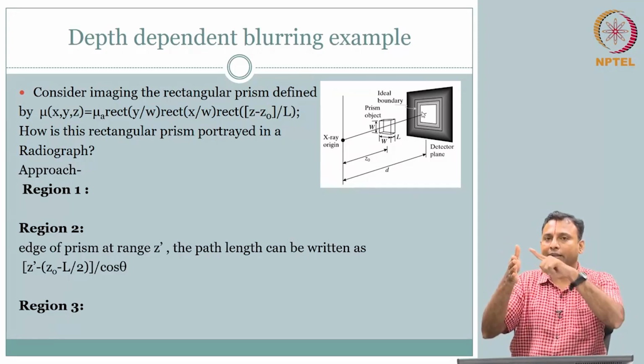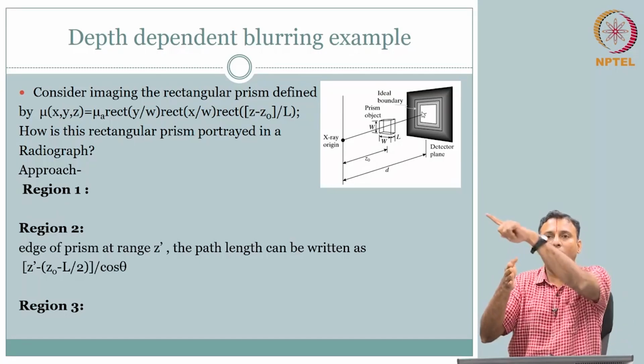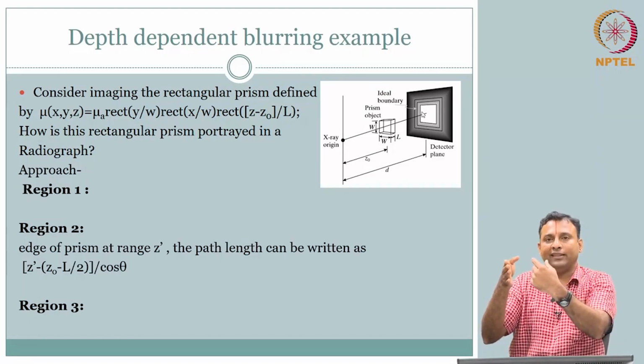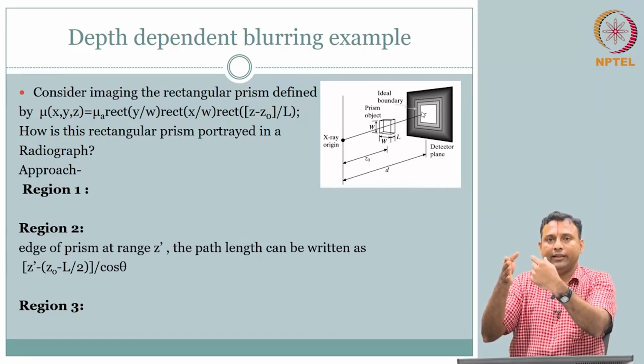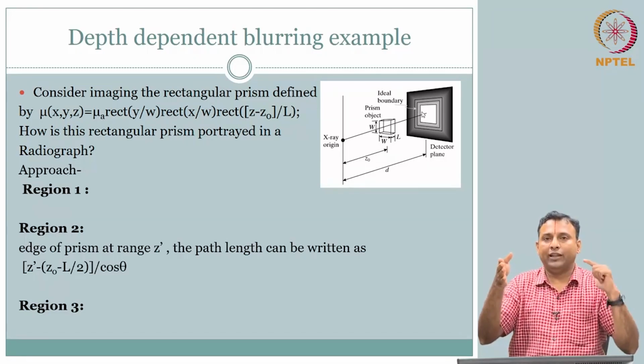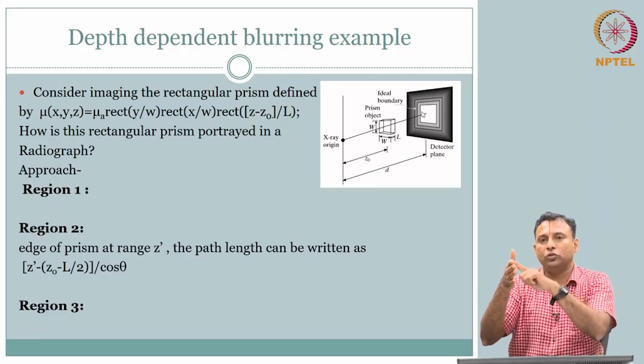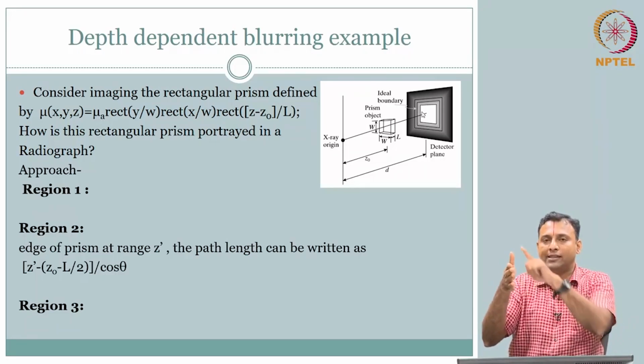It exits in between and then hits the detector. You are still going to have a value there because it has a smaller path length. That could be one region, a partial region where it enters but does not go completely through to the back end; it exits before that.